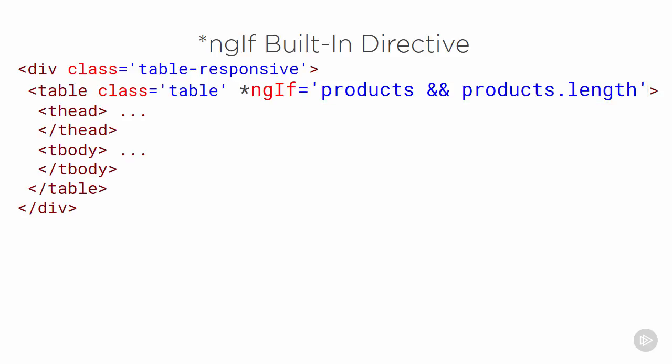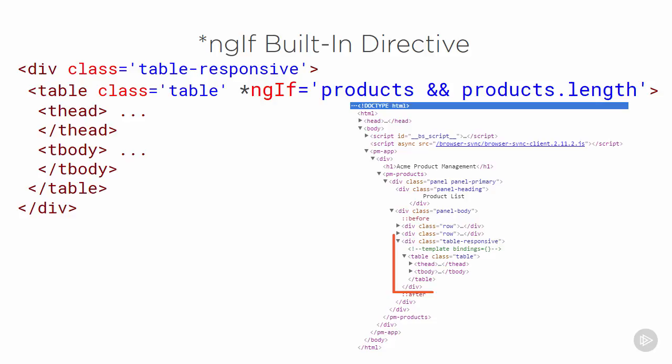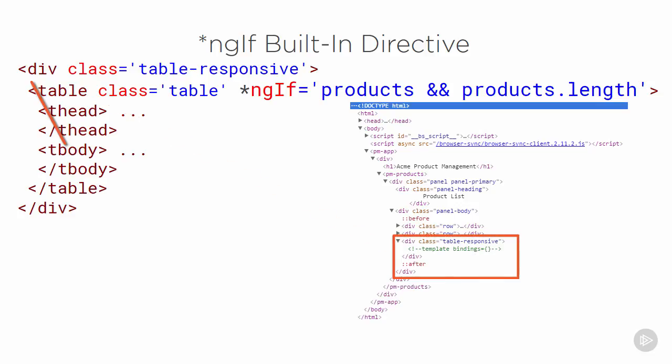For example, say we only wanted to show the HTML table if there are some products in a list of products. We use ngIf on the table element and set it to products and products.length. If the products variable has a value and the products list has length, the table appears in the DOM. If not, the table element and all of its children are removed from the DOM.